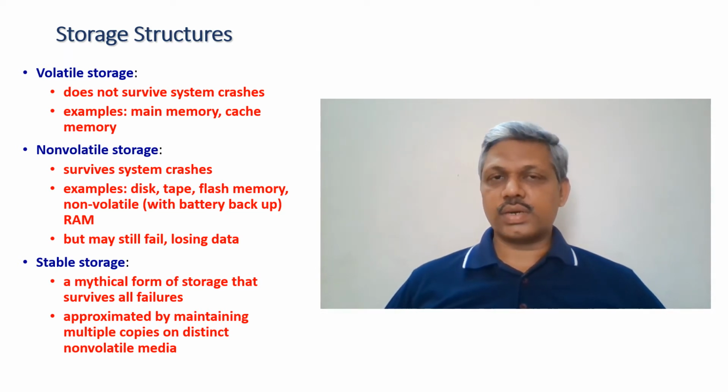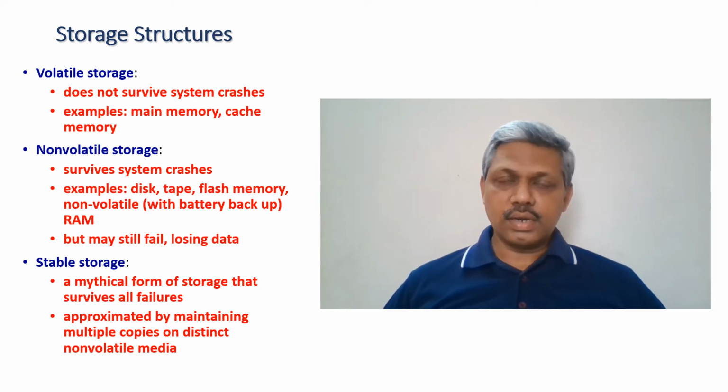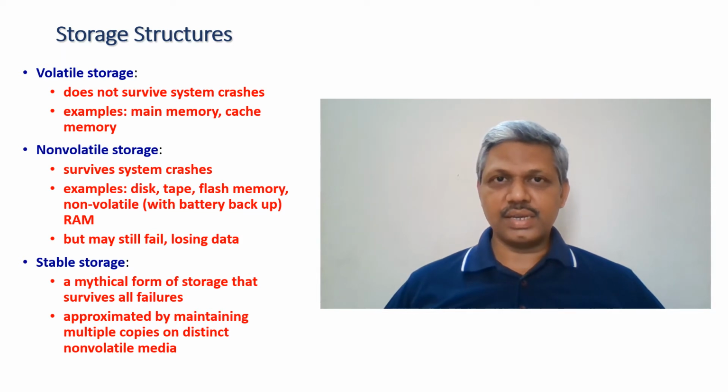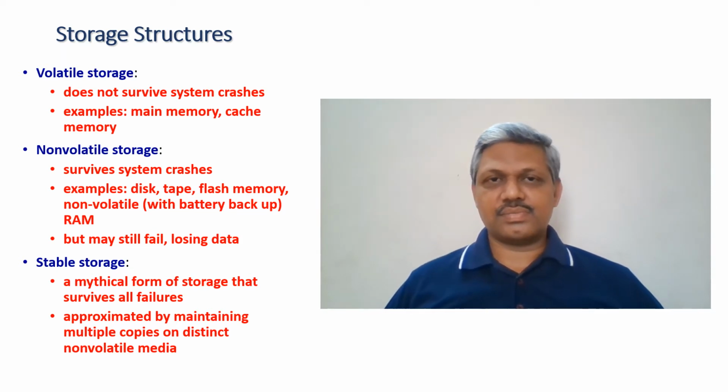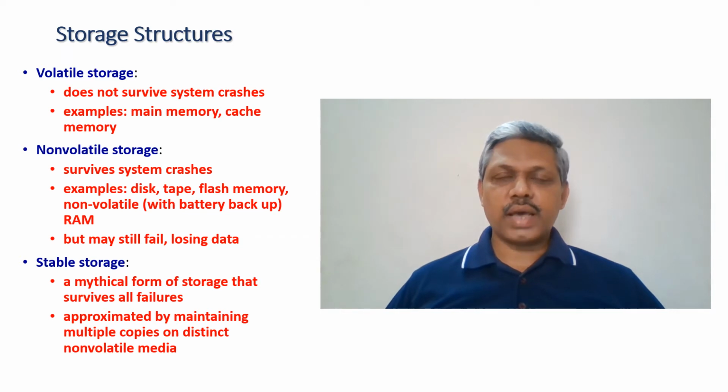Whereas the third one: if everything fails, what is to be treated as a stable one? The third one is stable storage, which is a hypothetical one. Basically, nothing is permanent, nothing is 100% stable, but it is a hypothetical way of treating the storage as stable storage, where techniques like maintaining multiple copies of the same data make the probability of failure very, very less.